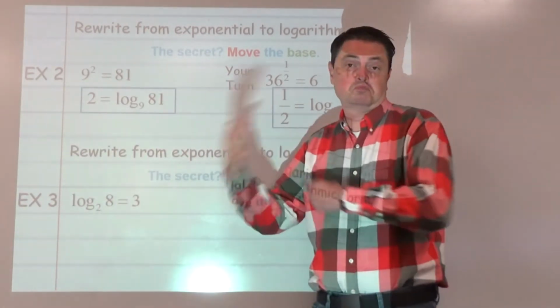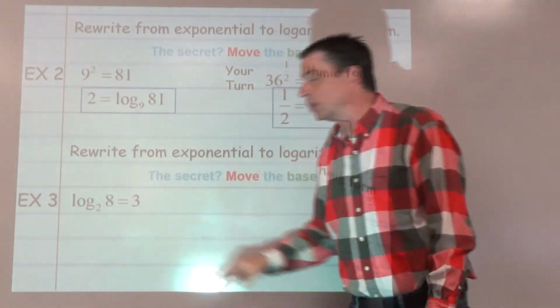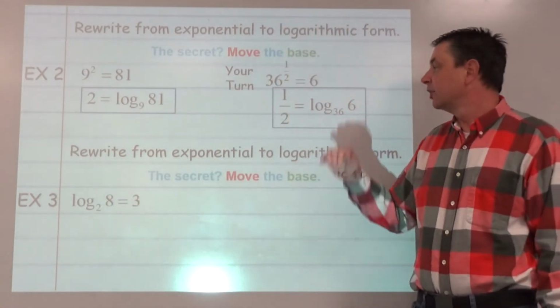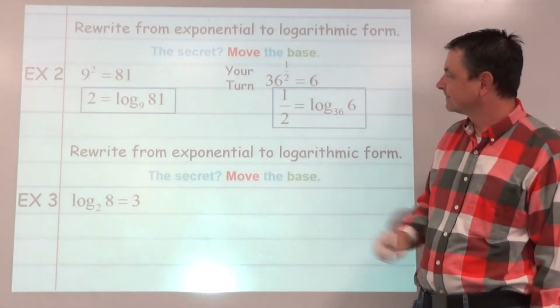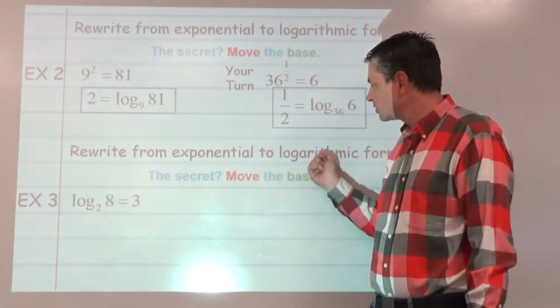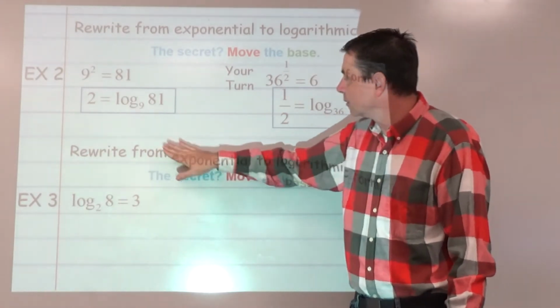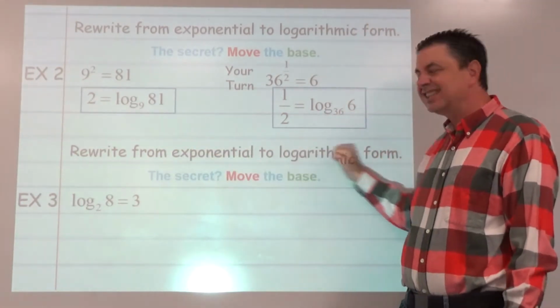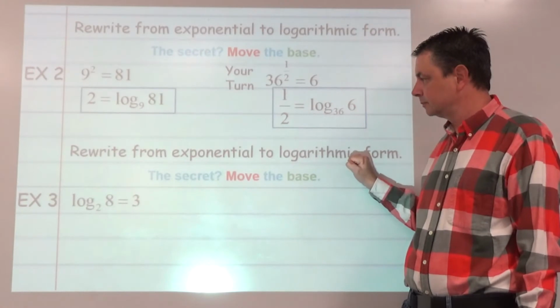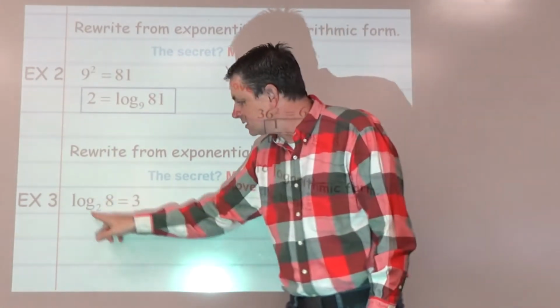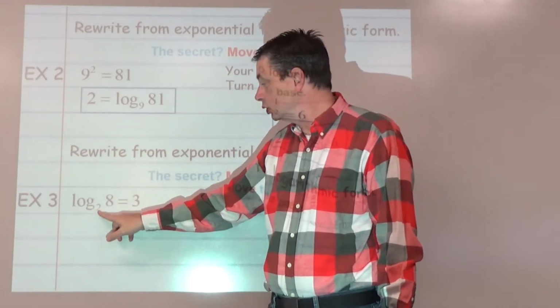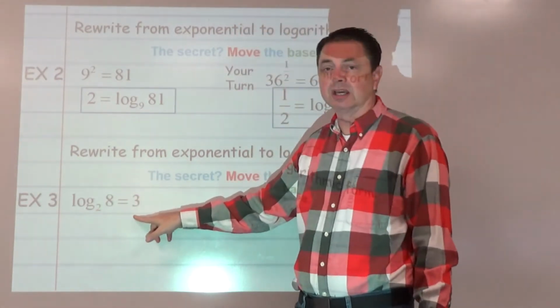Can we do the reverse? Take an equation that's in log form and rewrite it into exponential form. I think our directions are backwards here, so we're going to switch those: rewrite from logarithmic form into exponential form. We're going to move the base. In this case, the base, the small number, is 2. So 2 moves to the other side.